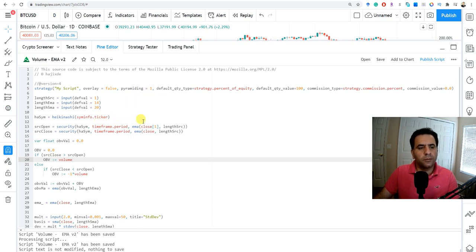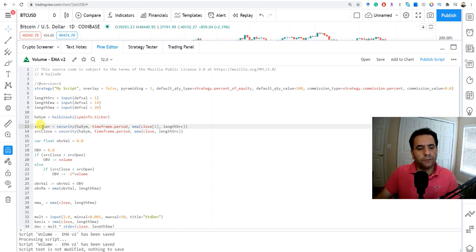So let me explain what I'm doing here. First, I define a symbol here, and the symbol is Heikin Ashi of the syminfo ticker. So I keep it in this HA sim.